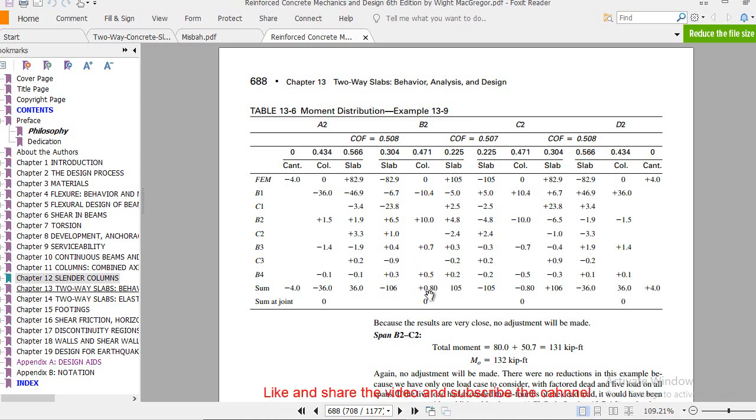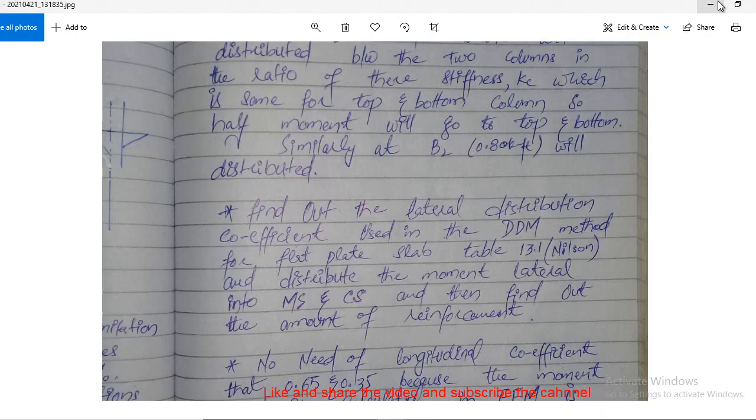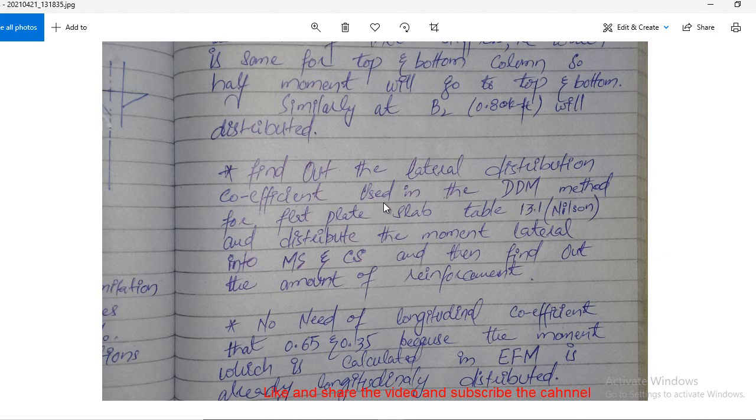This moment will also be distributed to the top and bottom columns. Find the lateral distribution coefficient used in the DDM method for flat slab, table 13.1 in Nilson's table, distribute the moment laterally into middle strip and column strip, and then find the amount of reinforcement.